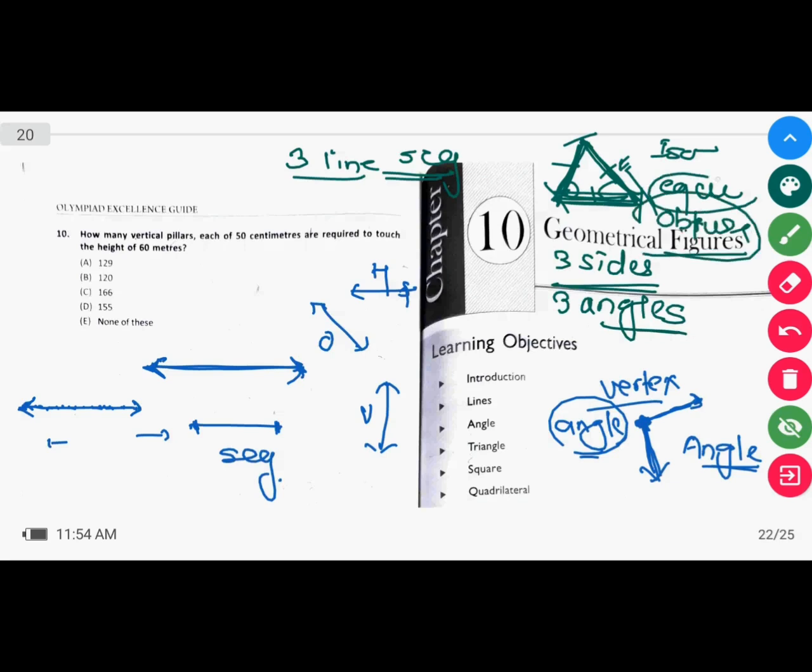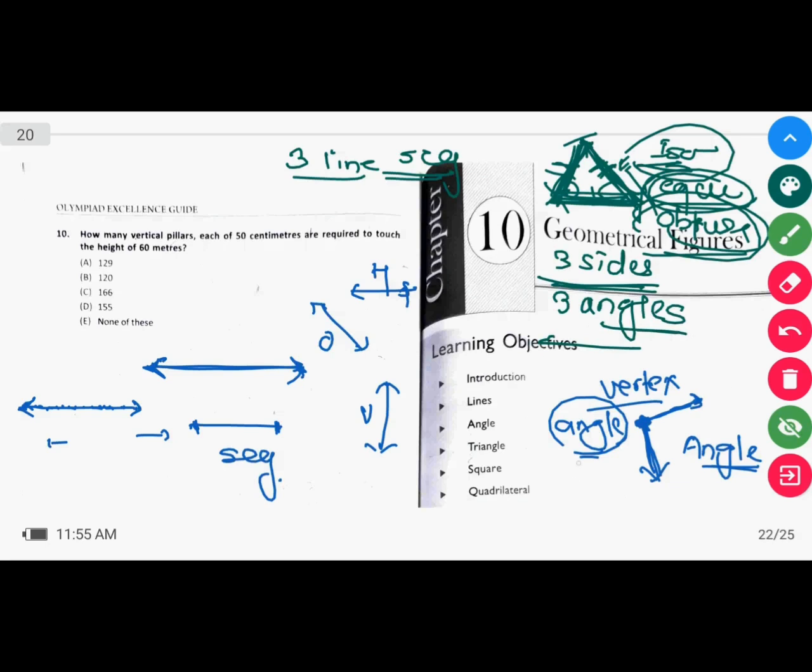So these are the types of triangle which you have in the next class. Right now you just have the introduction of the triangle and how many sides and angles it has. Okay, an isosceles triangle has 2 equal sides and one side unequal to these 2 sides. An equilateral triangle has all sides of equal length, and in an obtuse angle triangle, one angle is an obtuse angle. Okay, so these are the 3 types of triangle.